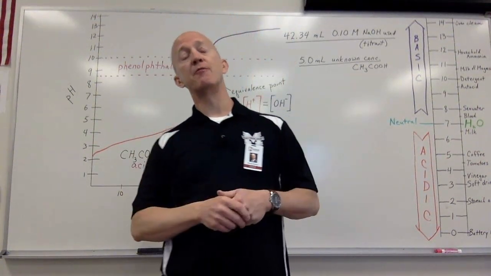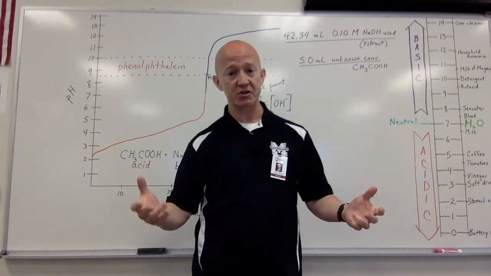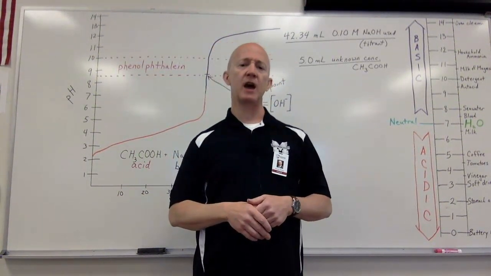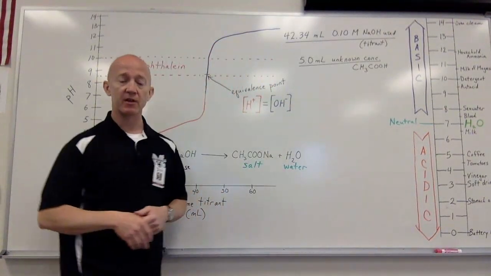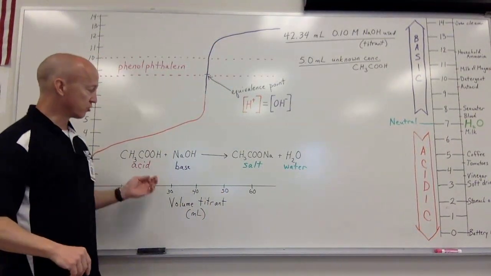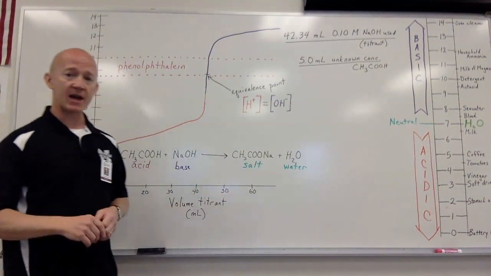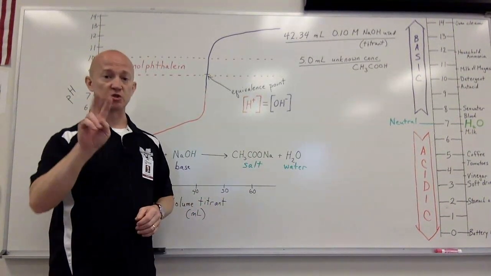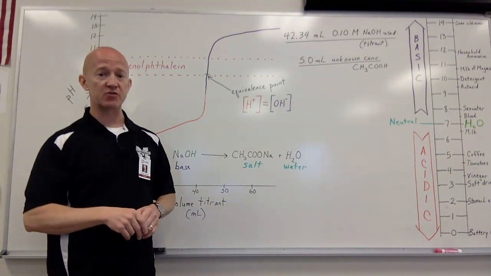So that's all the time we have for this video. We started by doing a titration together and showing the actual techniques involved, and then we showed how we can make a titration graph based on the information from that titration. We talked about neutralization reactions, how you have an acid and a base that combine to give us a salt and water. We also talked about 2 points that are very important to us in the titration.